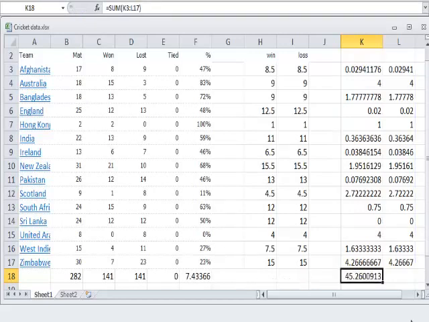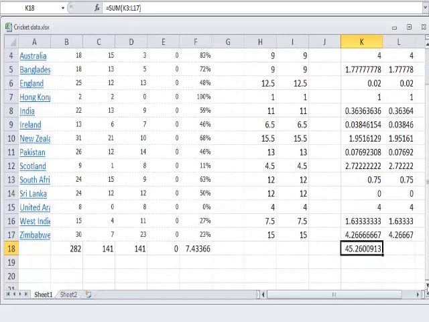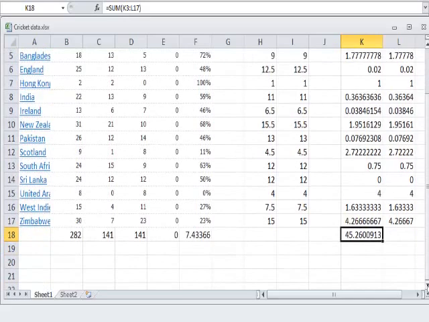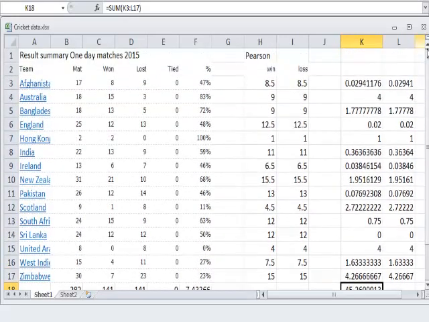Now I want to test this in chi-square. How many countries are there? 3 to 17, which means there are 15 countries. So 15 minus 1 is 14, and 2 minus 1 is 1. So it's 14 degrees of freedom that we're looking at.